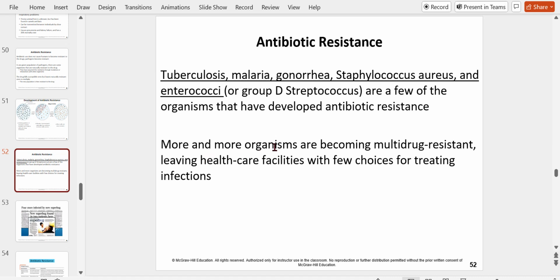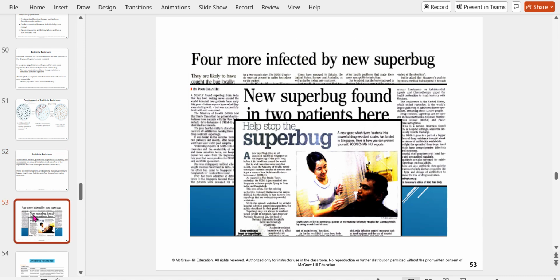Tuberculosis, malaria, gonorrhea, Staphylococcus aureus, and enterococci are a few of the organisms that have developed antibiotic resistance. More and more organisms are becoming multi-drug resistant. There's C. difficile. There's MRSA. If you get these ones, there's really not much you can do.